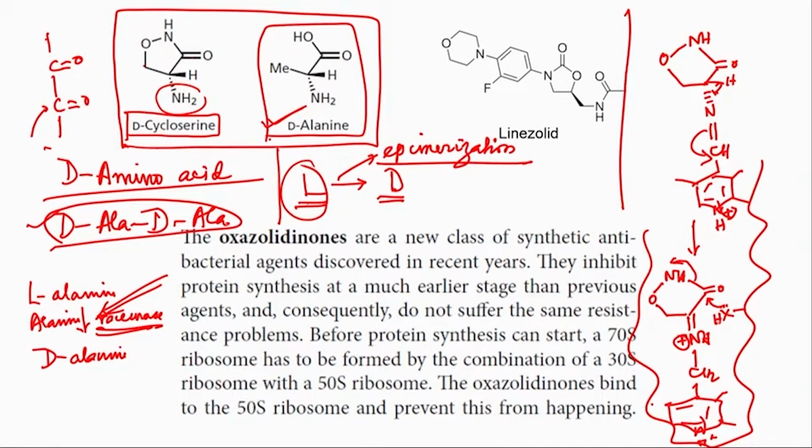I think this is used as a second line of defense for tuberculosis, not the first line. First line molecules are different: isoniazid, ethambutol, rifampicin. However, the second line of defense includes this D-cycloserine. First of all, it resembles D-alanine in structure, so it is accepted by the enzyme, and the mechanism is that it forms the imine.